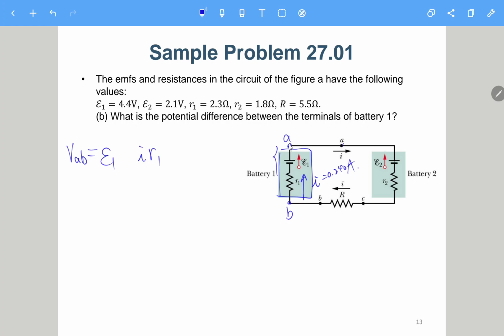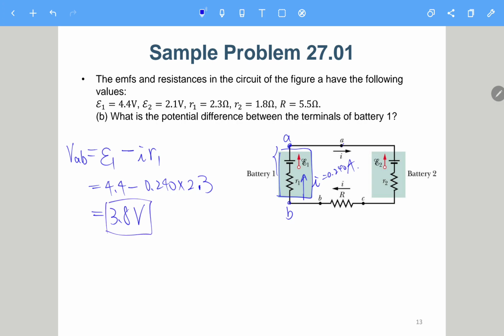Going from A to this point is plus, but since this is higher and this is lower, we should make it a subtract sign here. So this is E1 minus I times R1, which is 4.4 minus 0.240 times 2.3, which is actually 3.8 volts.